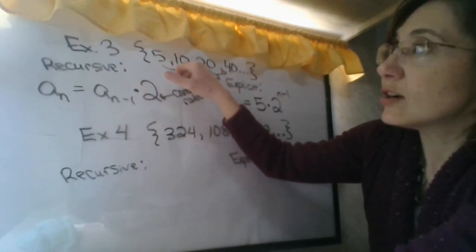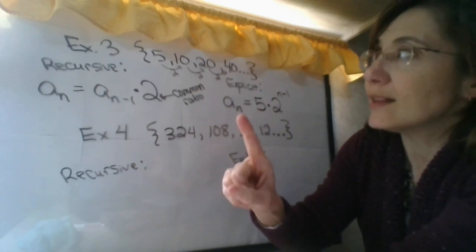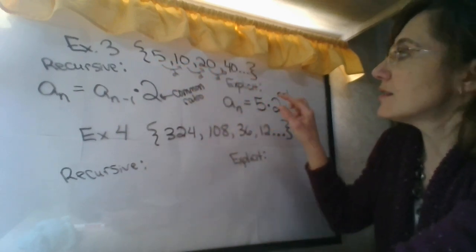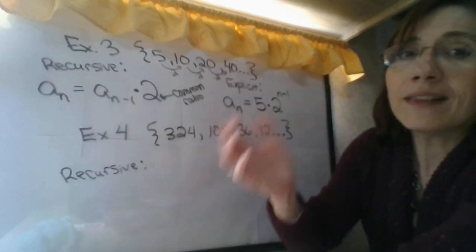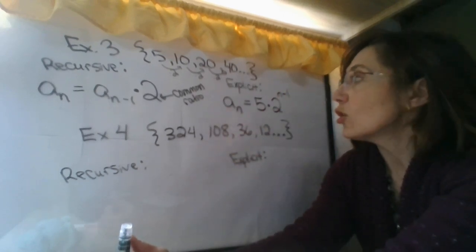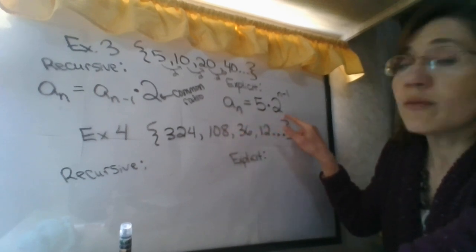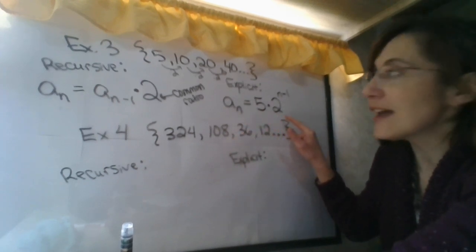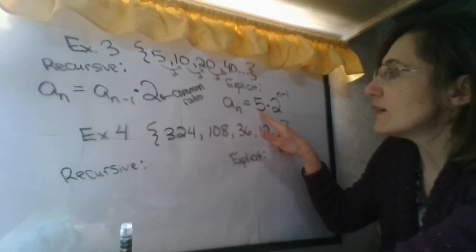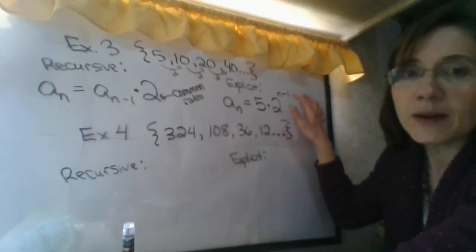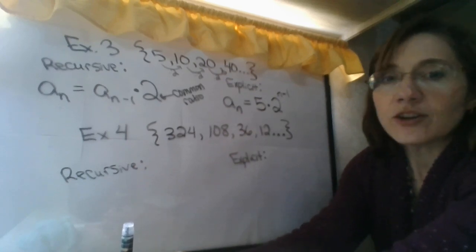To get to the second term, we've multiplied by 2 once. To get to the third term, we've multiplied by 2 twice. So the exponent would be 1 less than whatever n value you're looking for. So that would be our explicit rule. This should look familiar to you from what we've talked about with exponential equations. This is your initial value times here's your base, and then this is what makes it an exponential, that your variable is in your exponent.